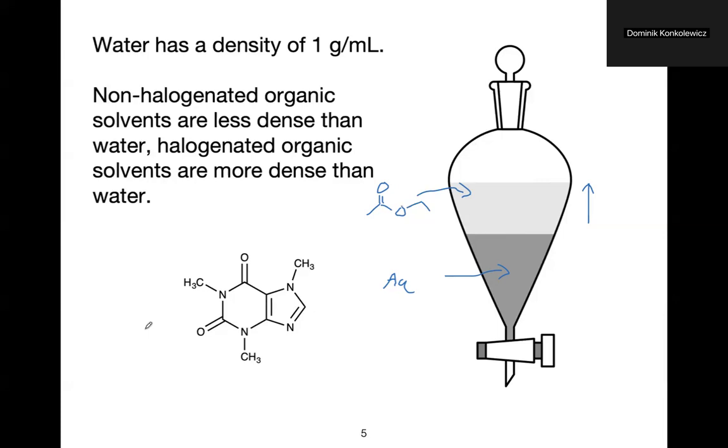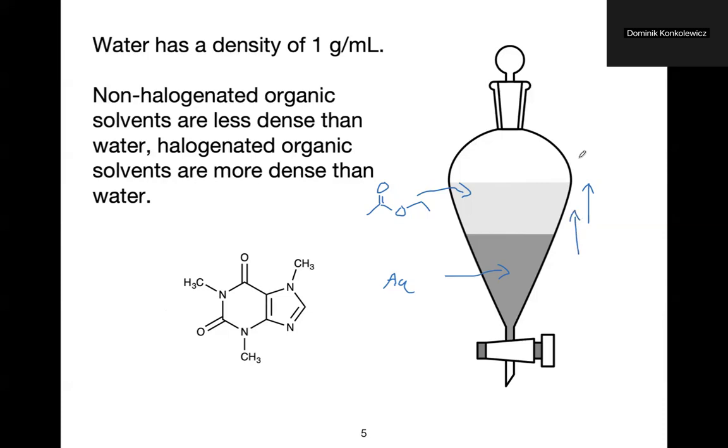And that's why we're going to start off with it being extracted into water, same way as we would if we make a normal cup of coffee. But then we're going to extract it into the organic layer up here. So we'll start off with caffeine in the aqueous layer, and then we will move it up into the organic layer, which will be ethyl acetate.